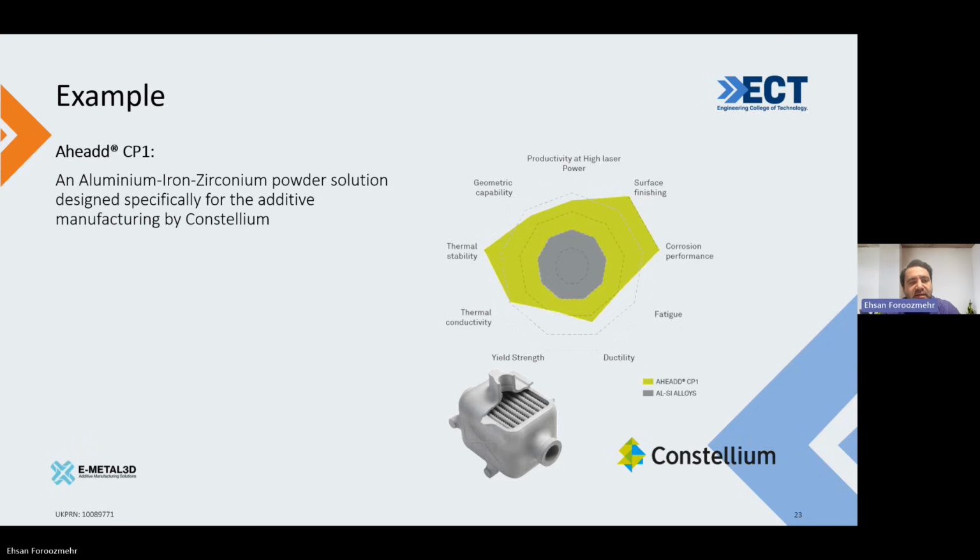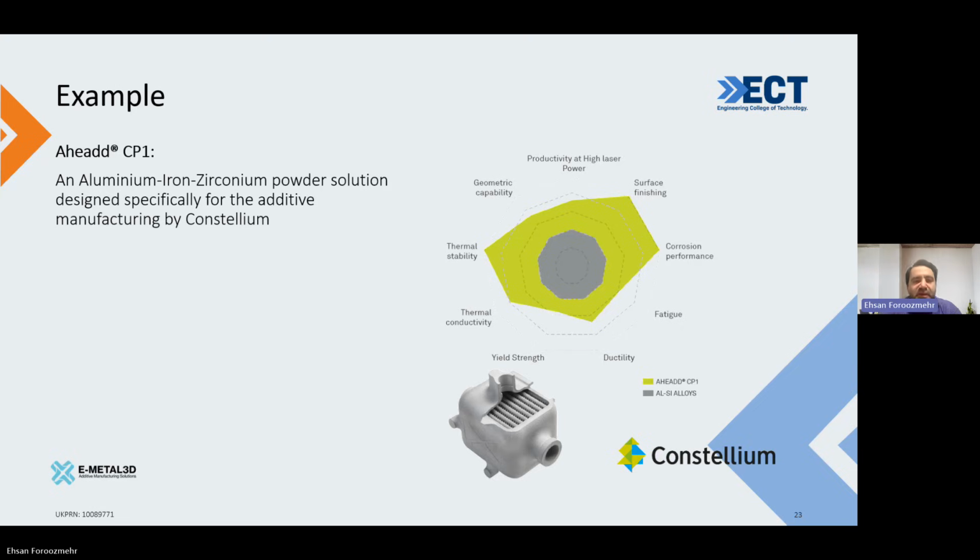What it means is these materials like the CP1, which is developed by Constellium, a French company. This material has an alloy content which is a little bit different from standard alloys in order to improve some aspects of the aluminum alloy that matter for using aluminum in, for example, applications like heat exchangers or corrosive environments.